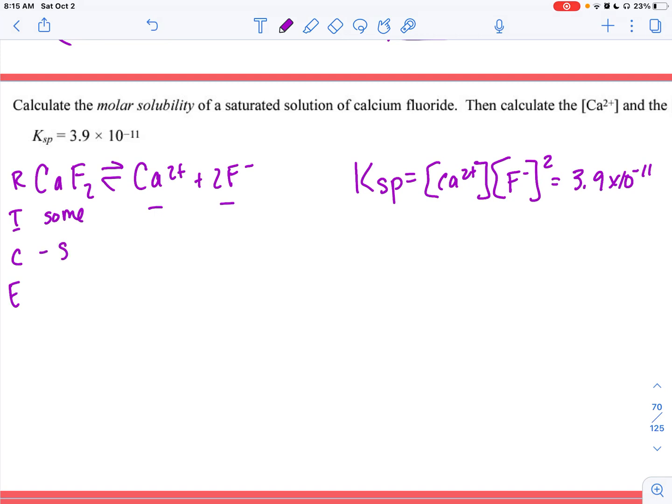We're going to subtract S here, add S here, and then add 2S here. Again, because every time you dissolve or dissociate one of your CaF2s, you get 2 F-, so the change will be double. So then we have S and 2S.